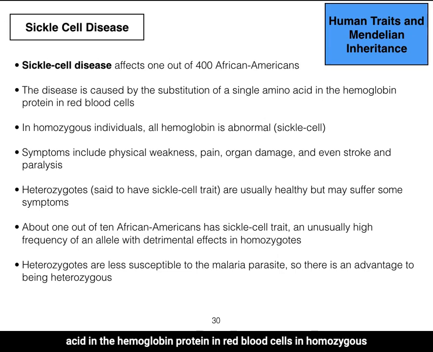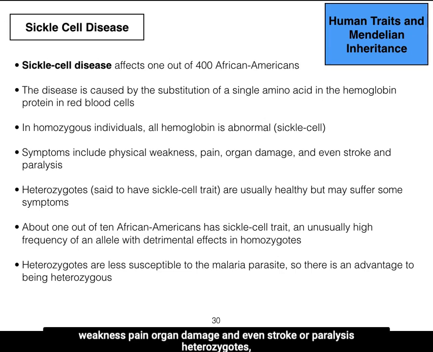In homozygous individuals, all hemoglobin is abnormal, and by abnormal I mean that they have a sickle shape. The red blood cells in affected individuals have more of a crescent shape instead of a round or circular shape. Symptoms can include physical weakness, pain, organ damage, and even stroke or paralysis.